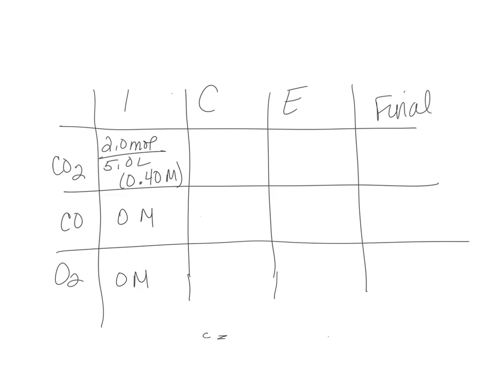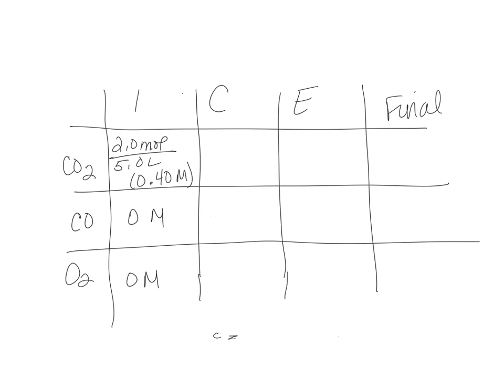Now here's where the coefficients come in. Because there's 2 carbon dioxide, it's not just going to be minus x, it becomes minus 2x. And because carbon monoxide has a coefficient of 2, it's going to be plus 2x.